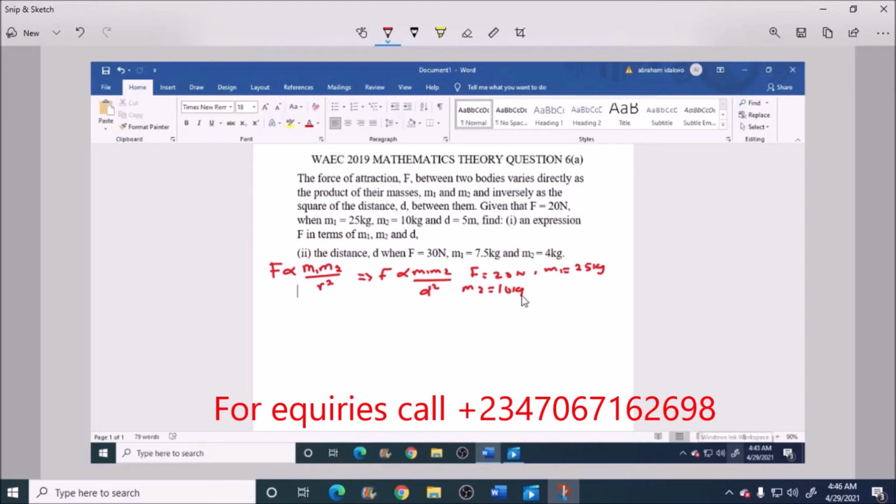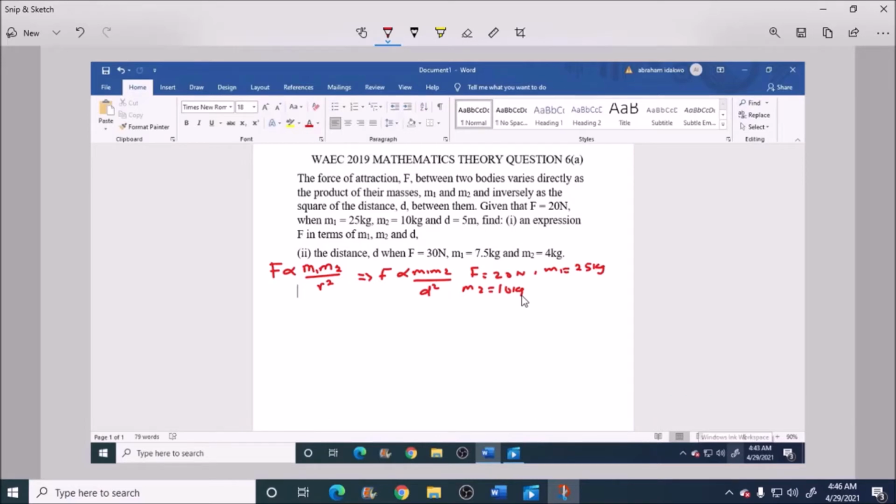So F is equal to g, that is the constant, times 25 times 10 over the distance, which is 5 squared, and that's 25.